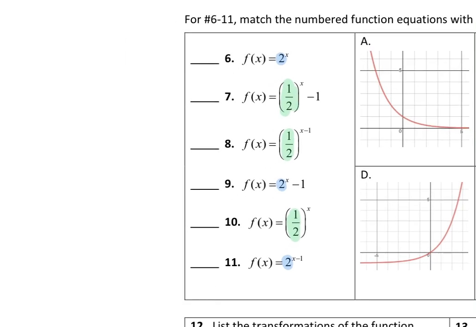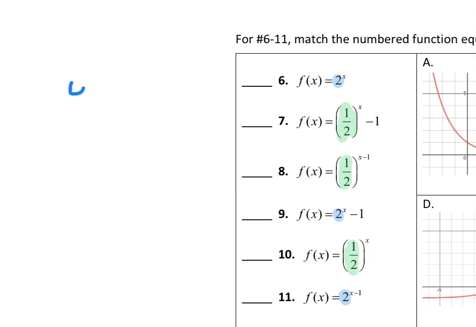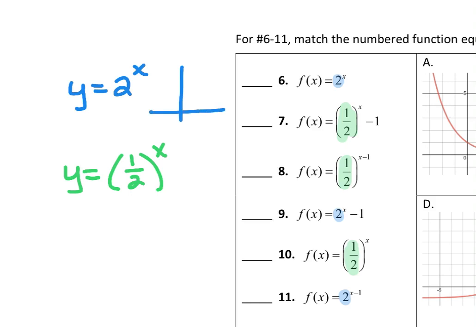And so start by looking at your calculator and just graph y equals 2 to the x and y equals (1/2) to the x. And just graph those two functions and look at the difference in shape. And you'll see that y equals 2 to the x is increasing from left to right, and that y equals (1/2) to the x is decreasing from left to right.